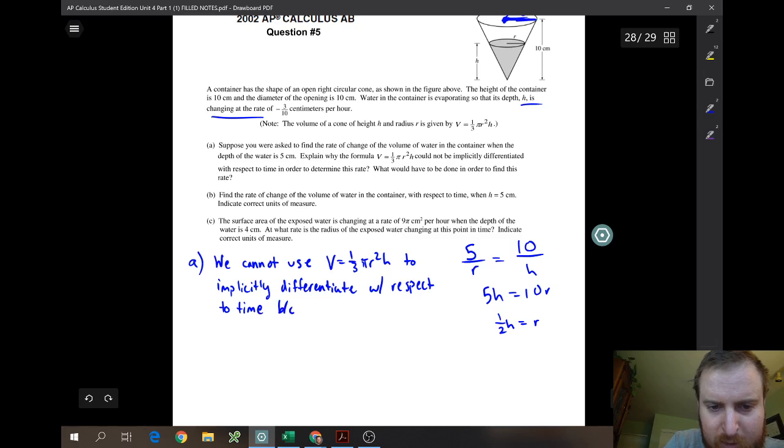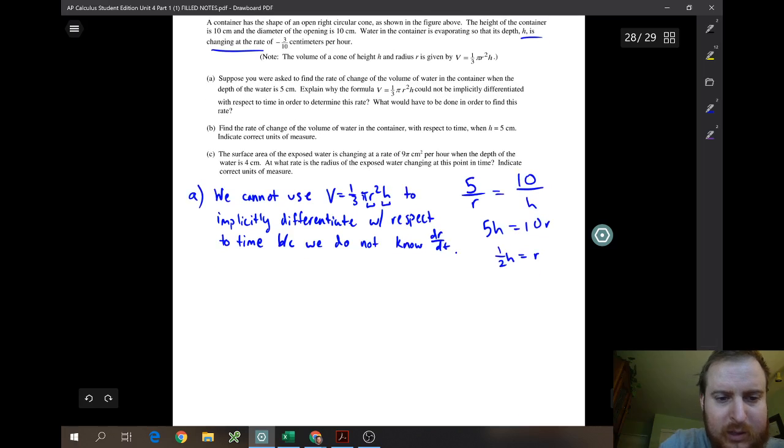Basically because we do not know dr dt. Right? This would give a product rule with dr dt and with dH dt. So instead, we would need to use similar triangles.